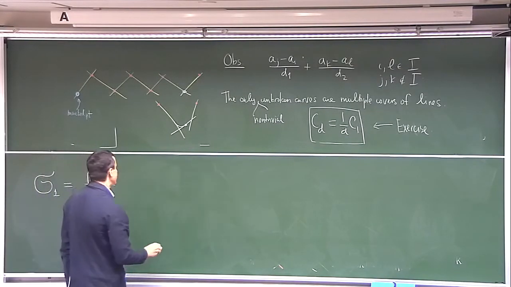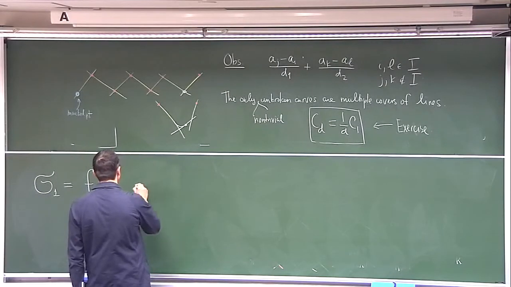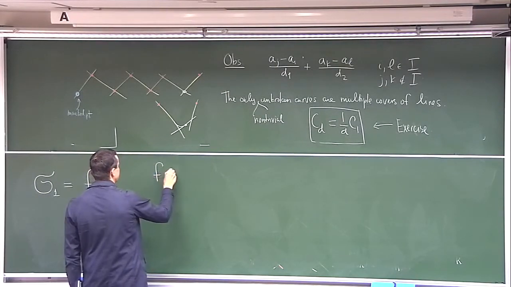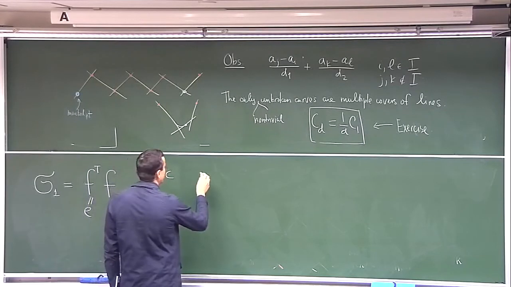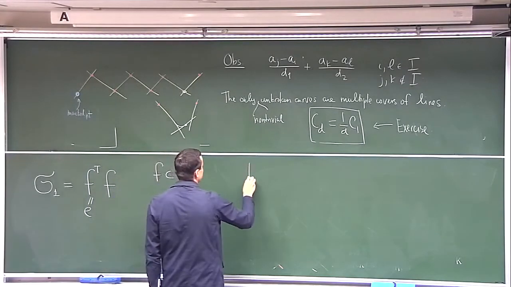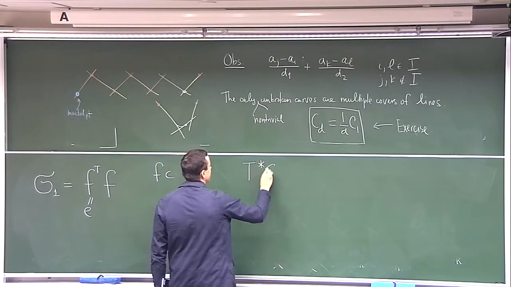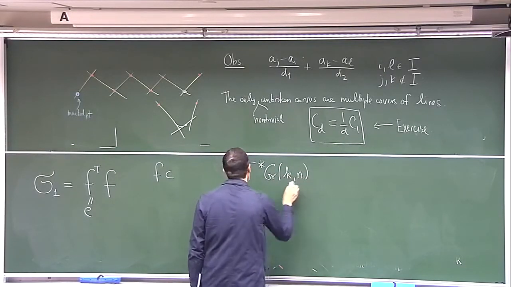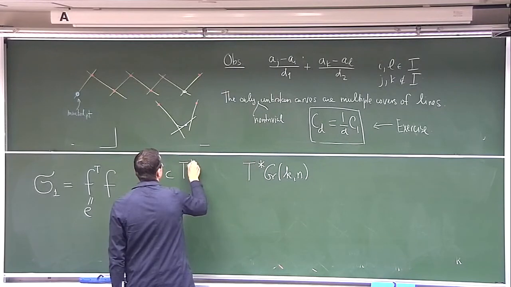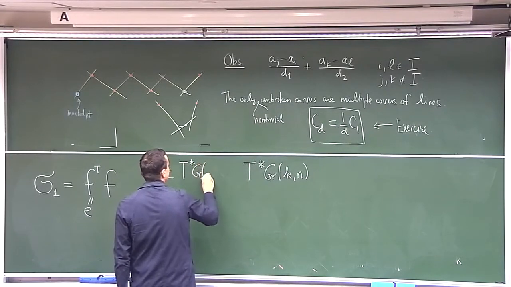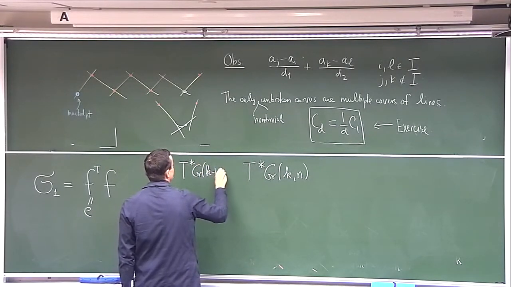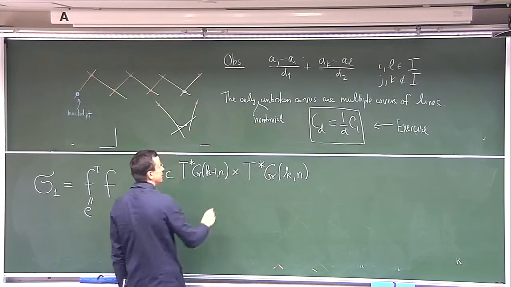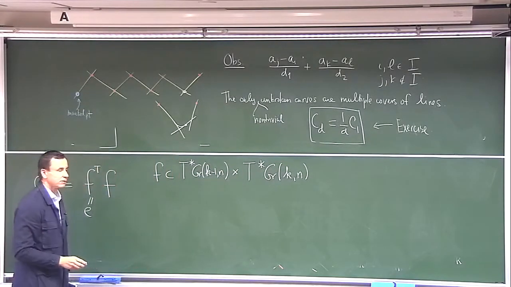It is a correspondence in the product of T star Grassmannian k, n and T star of the Grassmannian k minus 1.